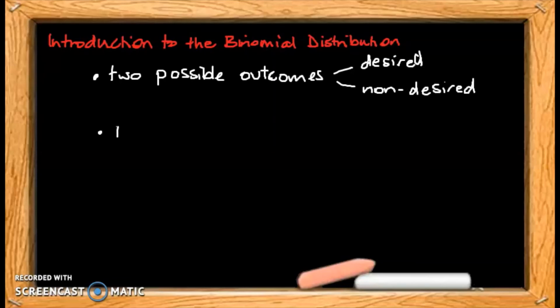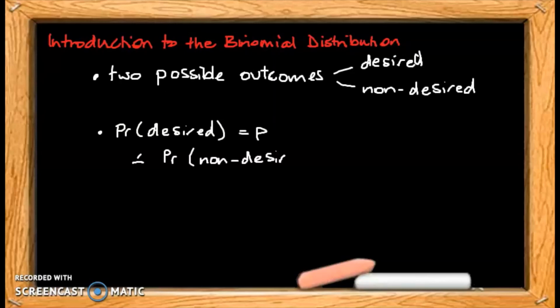The probability of our desired outcome we call P, and therefore the probability of the non-desired outcome equals 1 minus P, and we often call that Q. So we have P and Q.